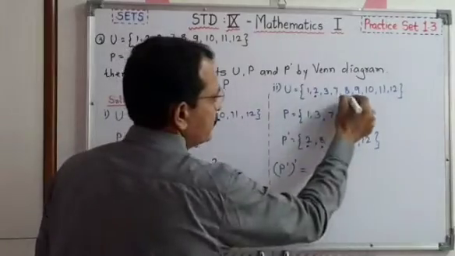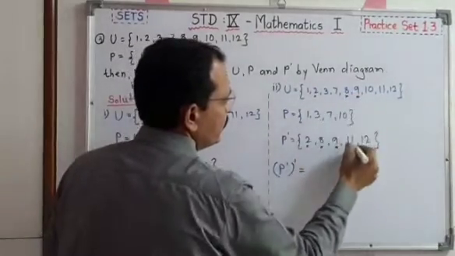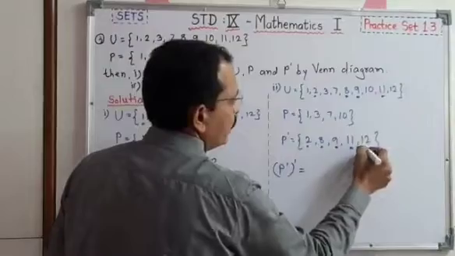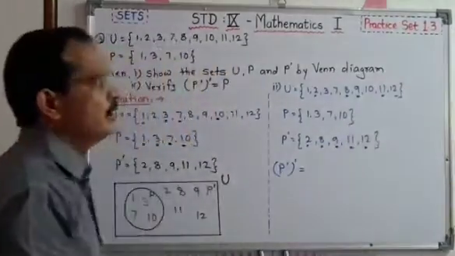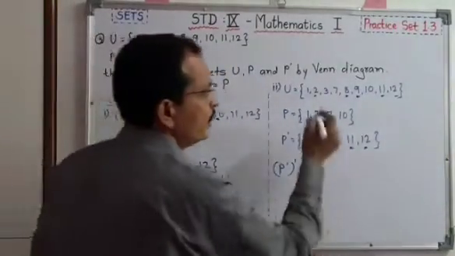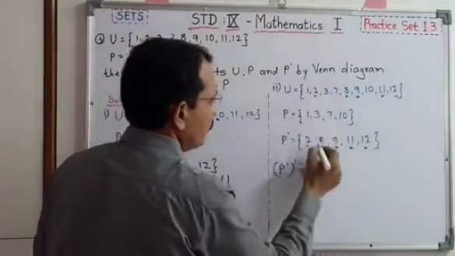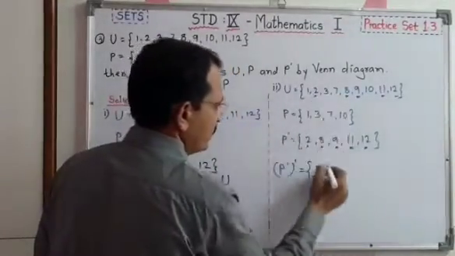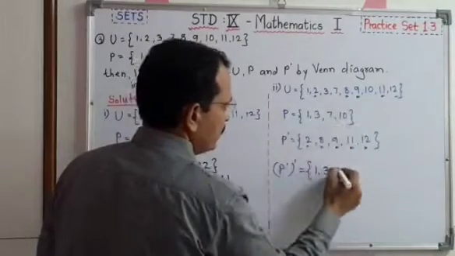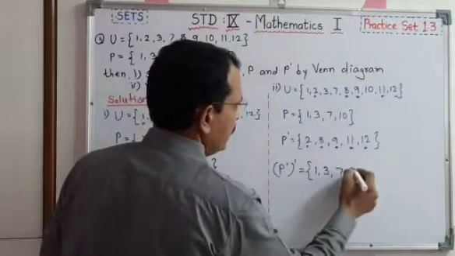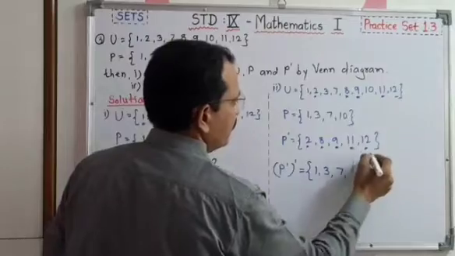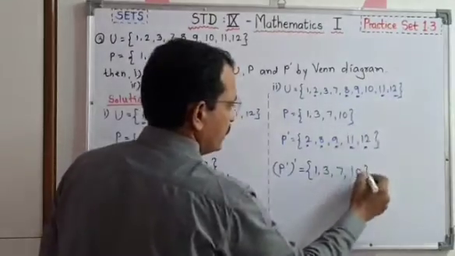This 8, this 8, 9, 11 and 12. These elements we have to eliminate. First we write here element 1, then 3, then 7 and 10. This 11 we have right here.